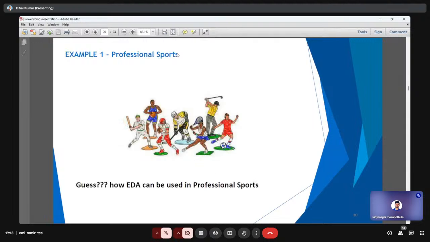As an example, just consider this example where it talks about professional sports. I just want to know how EDA can be used in professional sports. This is a real-time application of how exactly EDA is applied on sports.